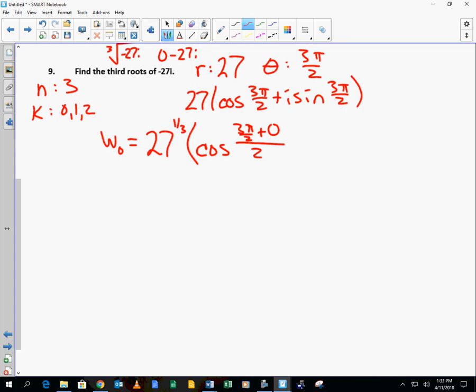No? Very good. It's over 3, plus I sine of pi over 2. Better? What is 27 to the 1/3 power?